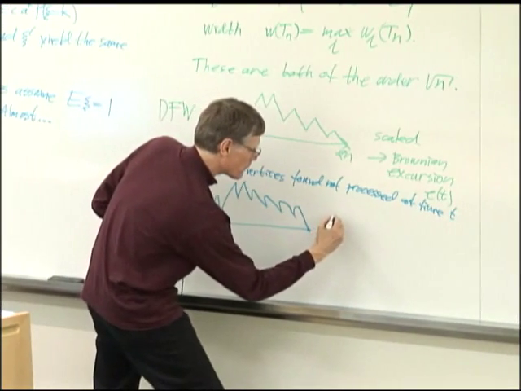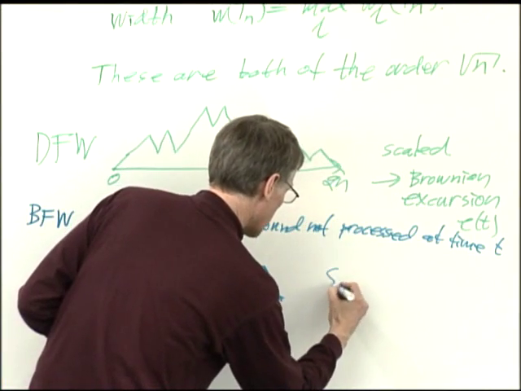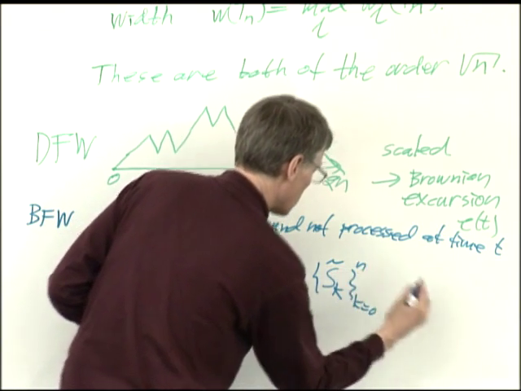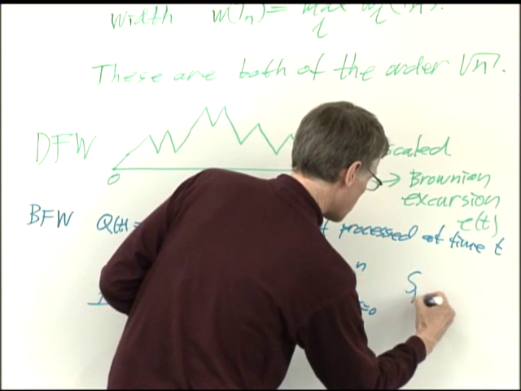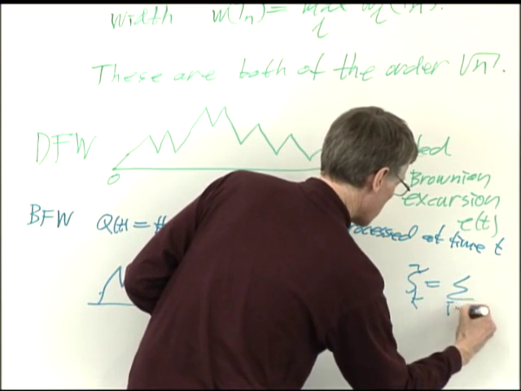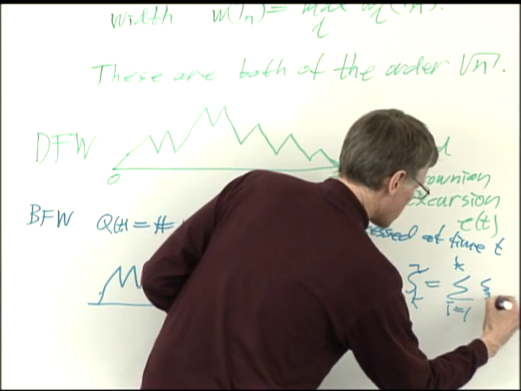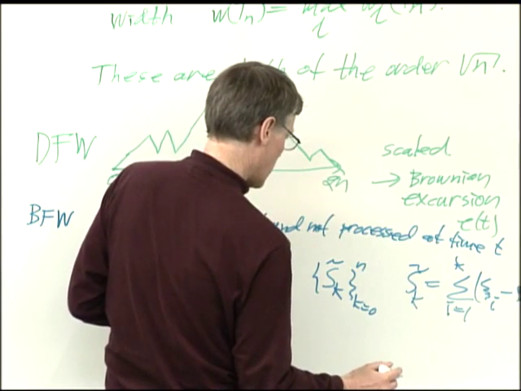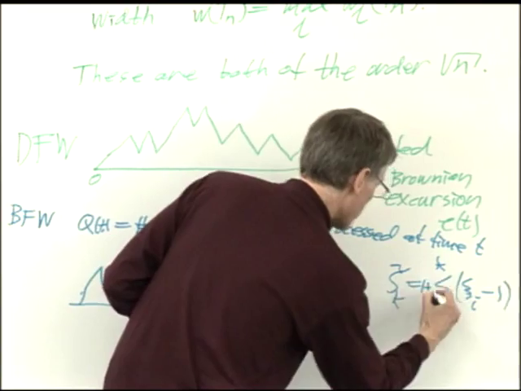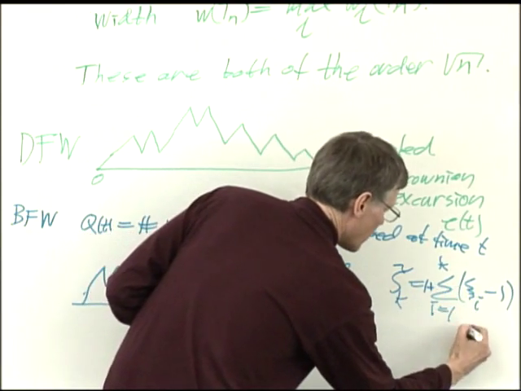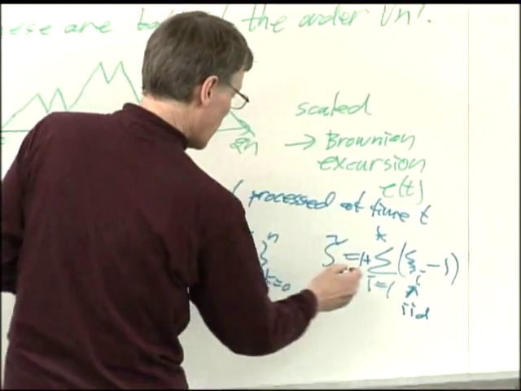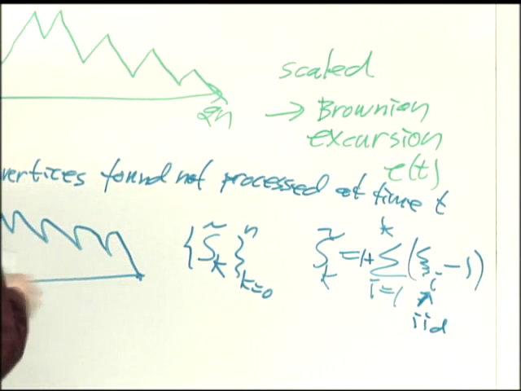So this can actually be described as a sequence S_k tilde, from k equal to 0 to n, where S_k tilde is the sum from i equal to 1 to k of psi_i minus 1. And maybe we should start with 1, where these are IID, the number of children of the different nodes. And so this is a random walk, but we have to condition on two things.